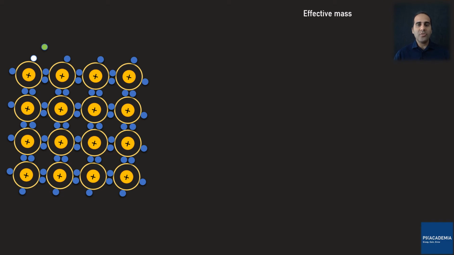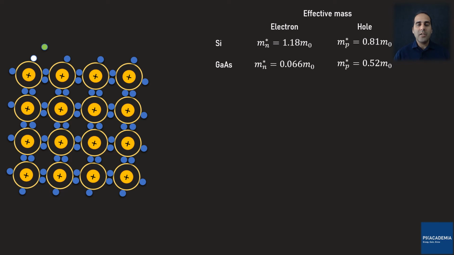This enables us to use the same energy momentum equation we developed for the electron in a vacuum. For silicon, the effective mass of a free electron is 1.18 times the rest mass, and the effective mass of a hole is 0.81 times the rest mass. For gallium arsenide, the effective masses of electrons and holes are shown right here.